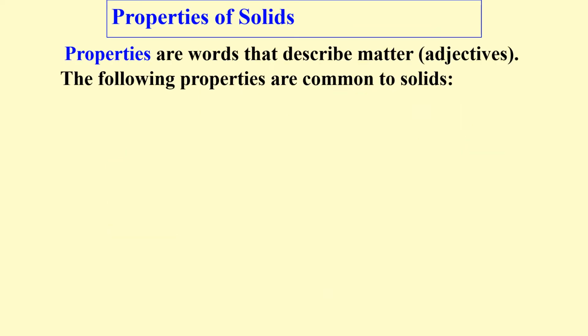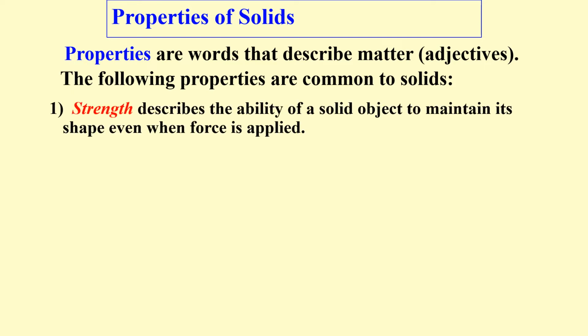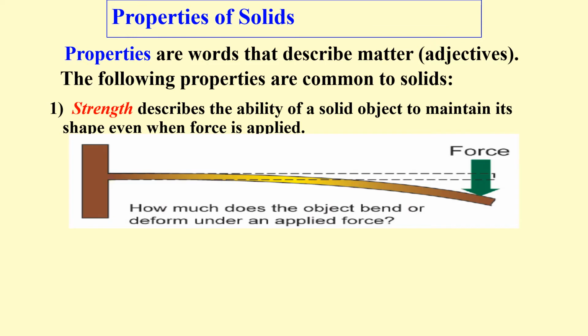Properties of solids. Properties are words that describe matter. The following properties are common to solids. 1. Strength describes the ability of a solid object to maintain its shape even when force is applied.